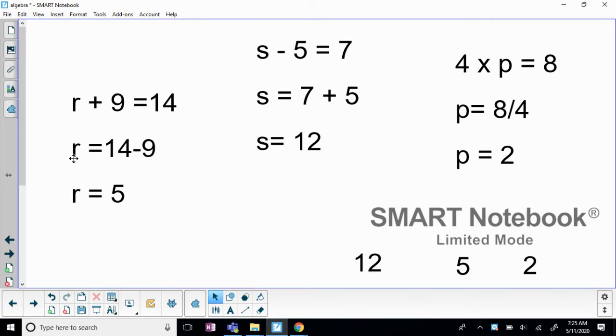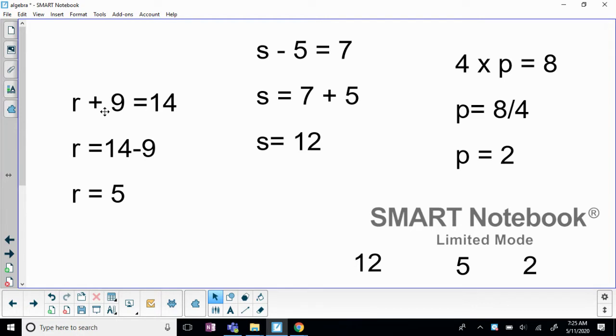So the variable is r. And what we want to do is put the variable on one side, and put the numbers on the other side. And the way we're going to do that is we are going to do the opposite operation.